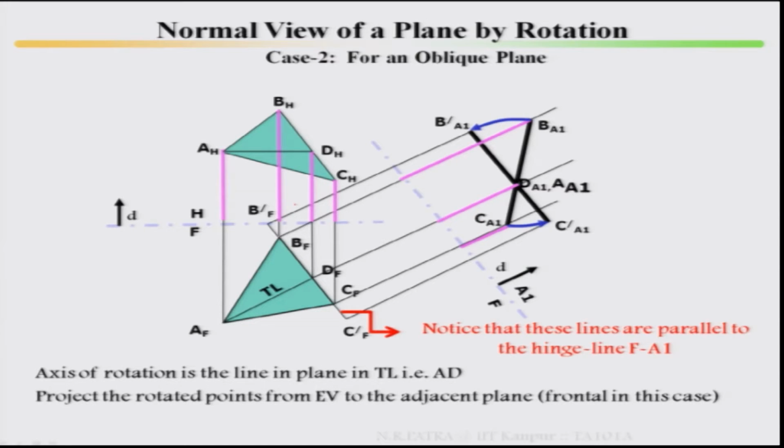Notice these lines are parallel to your hinge line. Then join B prime F and C prime F. So, AF, B prime F and C prime F is your true shape. This is how, by means of the method of rotations and by means of the auxiliary view or auxiliary plane, you will get the true shape of the plane.